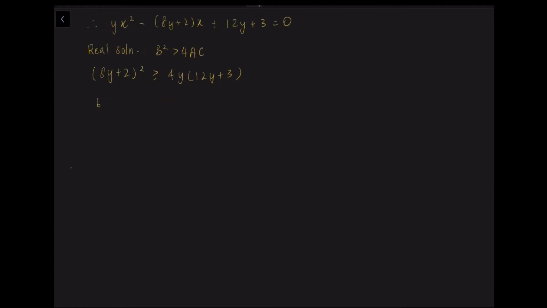We can rearrange this equation again and we will get 64y squared plus 32y plus 4 is larger or equal to 48y squared plus 12y. And we further rearrange and divide by 4, we will get 4y squared plus 5y plus 1 is larger or equal to 0.